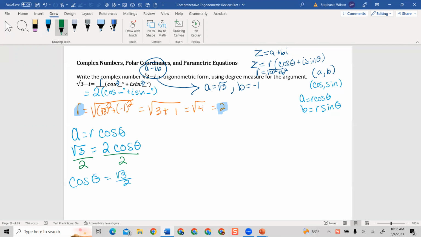Let's take the inverse of cosine to get theta by itself. We can plug this in our calculator, the inverse of cosine. Make sure you're in degrees mode, and we should get 30 degrees. Just double checking. Yes, 30 degrees.